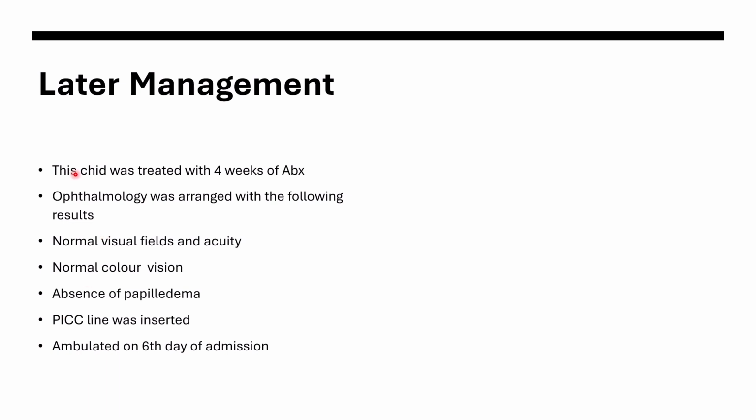After that, the child was treated with 4 weeks of antibiotics post-drainage. Ophthalmology was arranged with the following result: normal visual fields and acuity, normal color vision, and no papilledema. A PICC line was inserted because the duration of antibiotic treatment was prolonged, and the child was ambulated on the 6th day of admission.